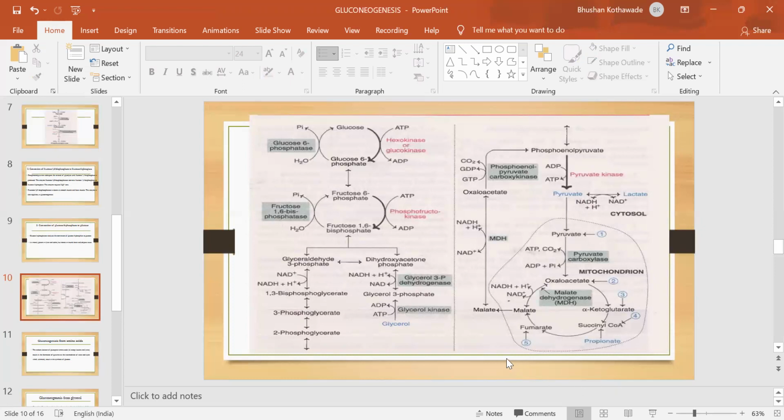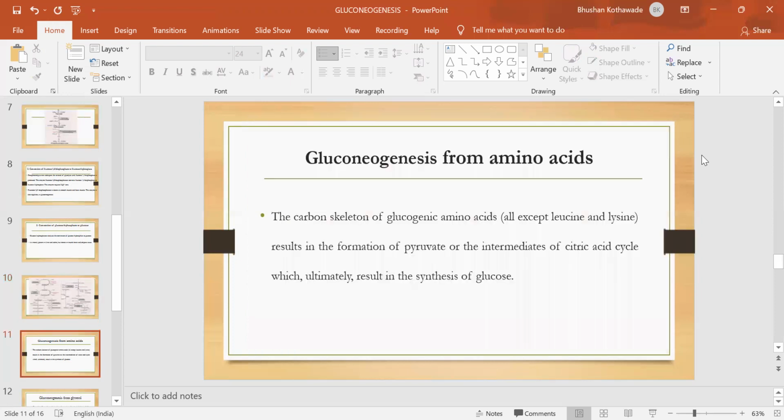So this is known as gluconeogenesis, that is the synthesis of glucose from non-carbohydrate compounds, that is pyruvate, lactate, propionate, glucogenic amino acids, glycerol, etc. Here I have also mentioned gluconeogenesis from amino acids. So from these amino acids we can synthesize glucose.